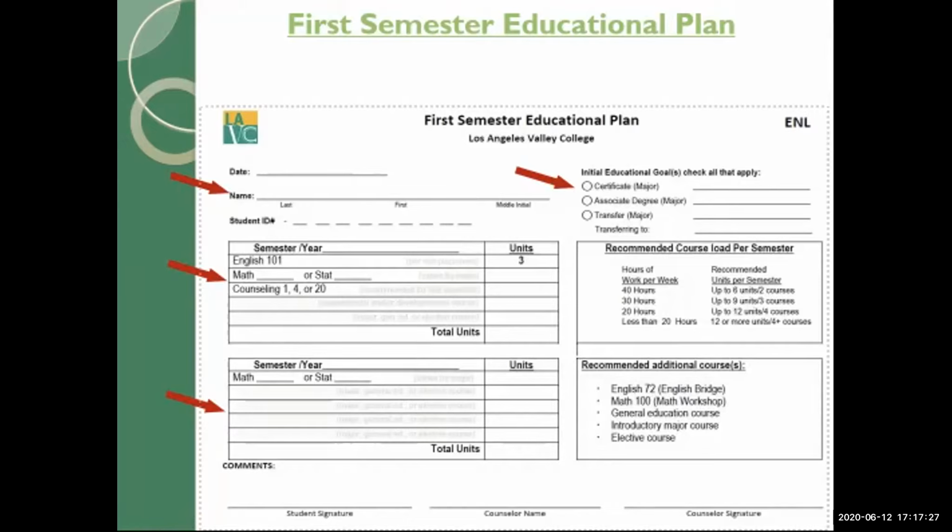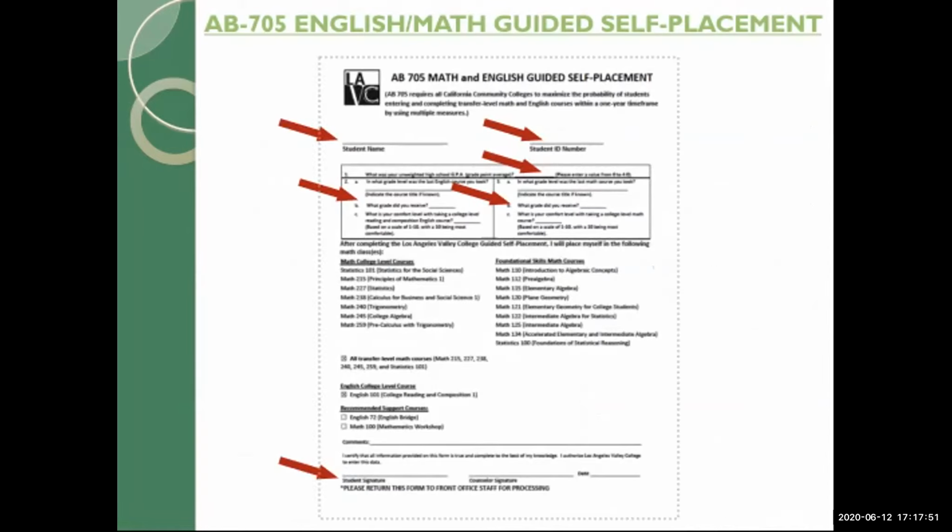So again, we've completed our first semester educational planning sheet, which you will email to initialsep@lavc.edu. A counselor will review it, and then we will upload it into your student portal, which you will be able to see under your educational plan. We also completed the AB 705 form for those who didn't have placements.